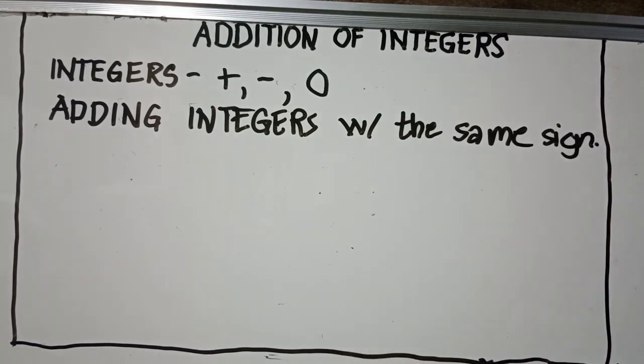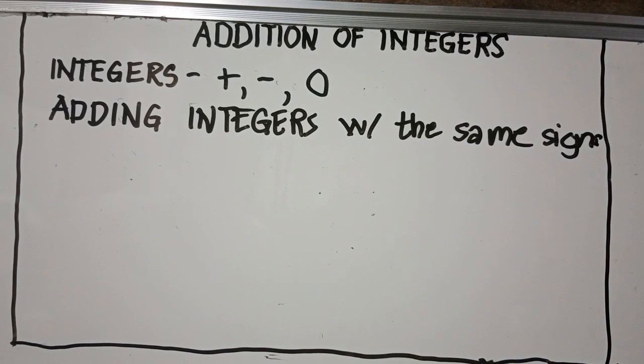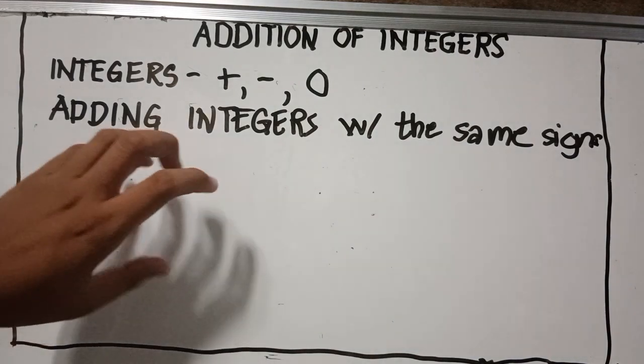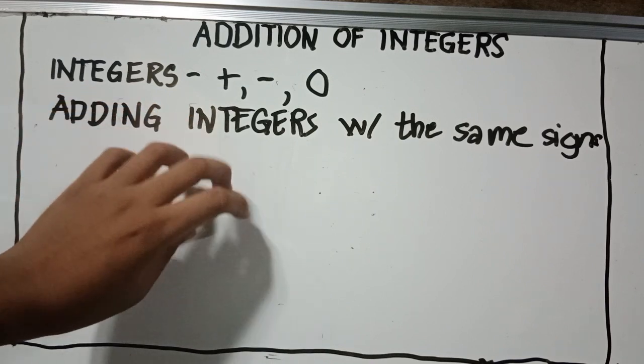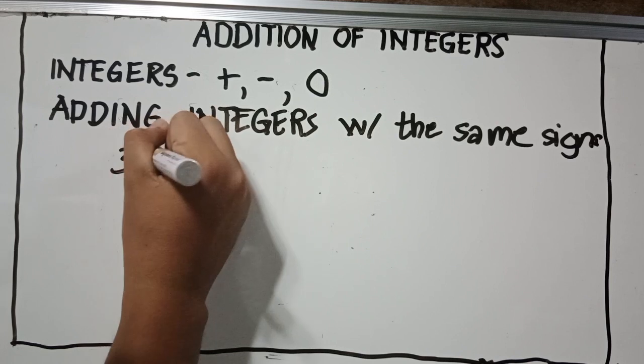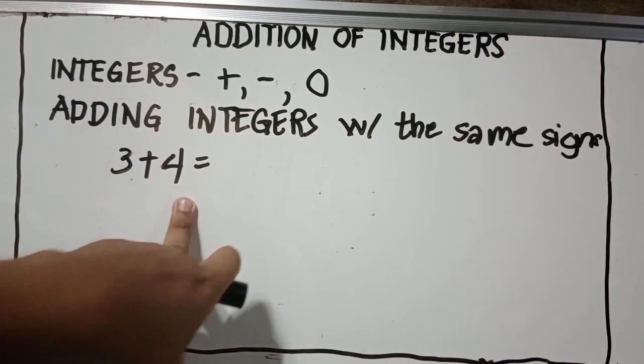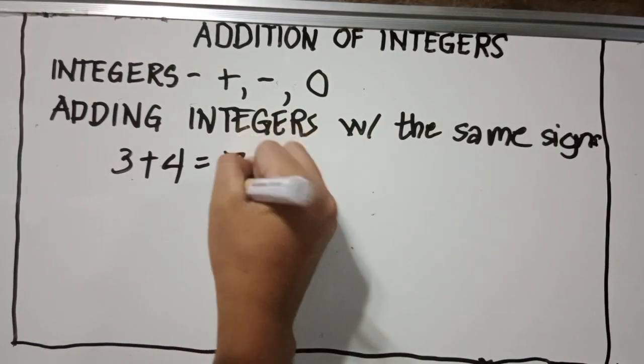The rule in adding integers with the same sign is to simply add the numbers and then affix the sign being used. Say, for example, 3 plus 4. That's positive 3 plus positive 4, that is 7.